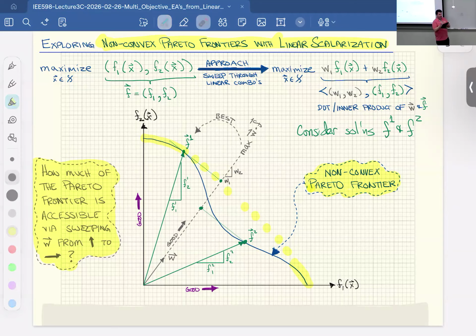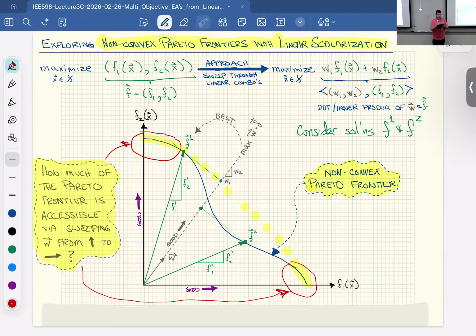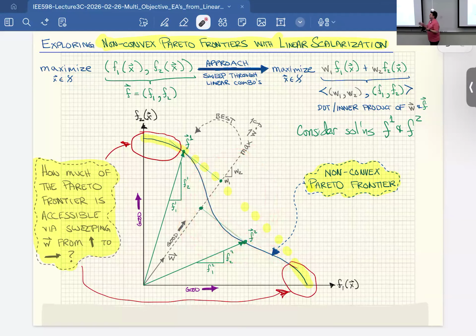So we're only going to be able to solve for the red here and down here. These are totally reasonable trade-offs that we should be able to present to our stakeholder, but they're shaded by the heavy shoulders of this.